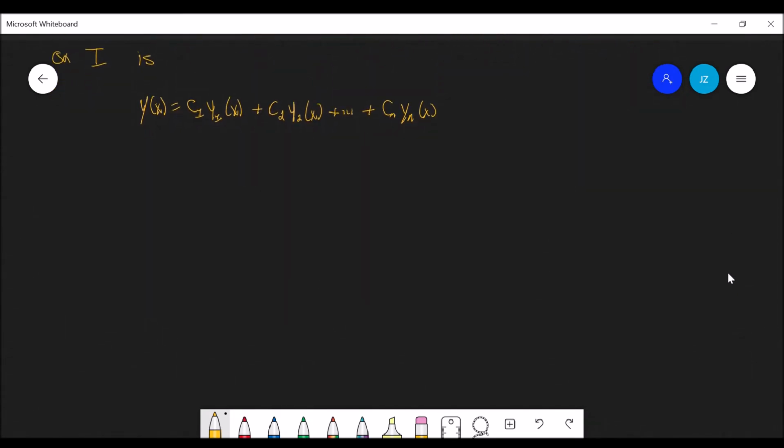We're going to prove this, again, only for the second order case. The general case is analogous.